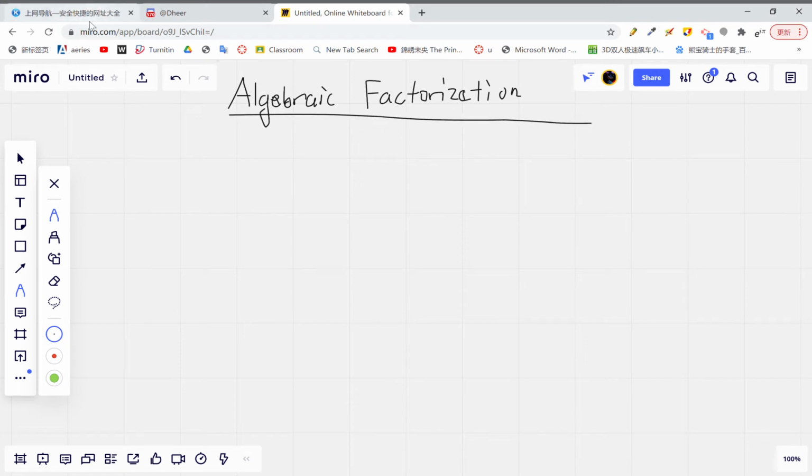As you know, before I posted a video about how you find a squared plus b squared and a plus b, and this is all factorization. So today let's do some problem solving, and then you guys know that you can do a lot with algebraic factorization to solve a lot of problems.